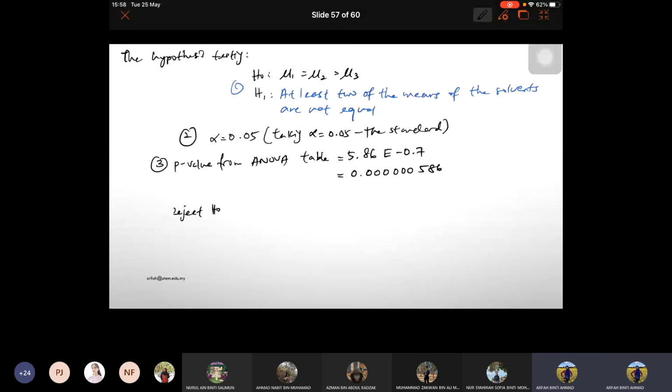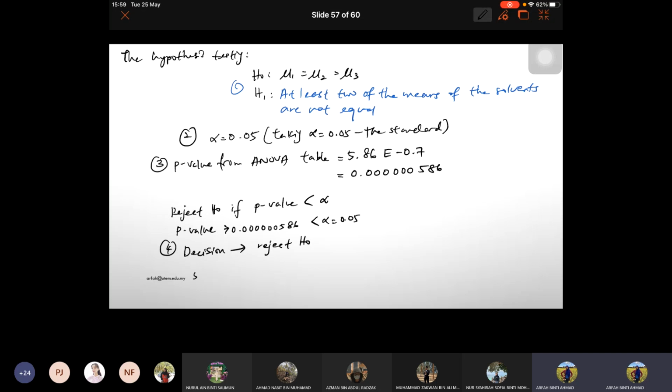Reject H null if P value less than alpha. So daripada sini awak dapat P value 0.123456586 is less than alpha equal to 0.05. So decision, okay, reject H null.